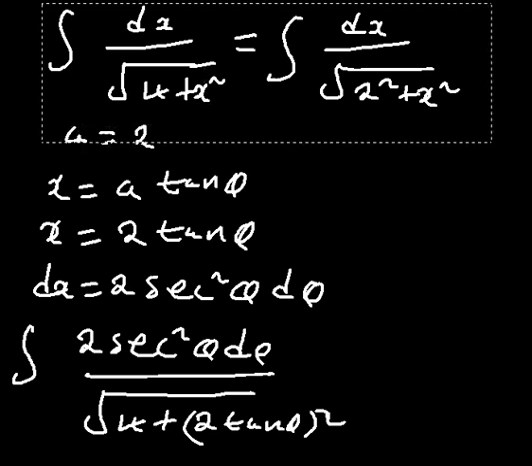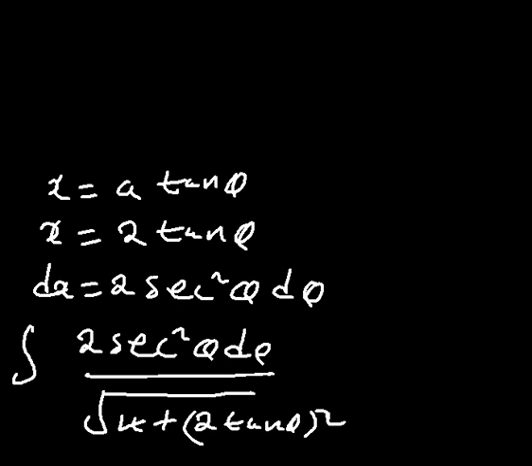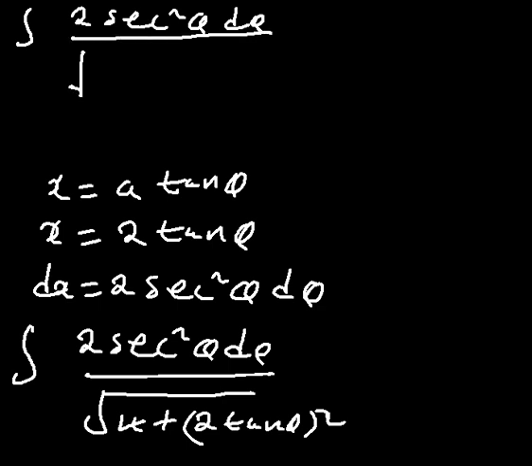And now from that point, we have to simplify. We'll have the integral of 2 sec square theta d theta divided by the square root of 4 plus 4 tan square theta.